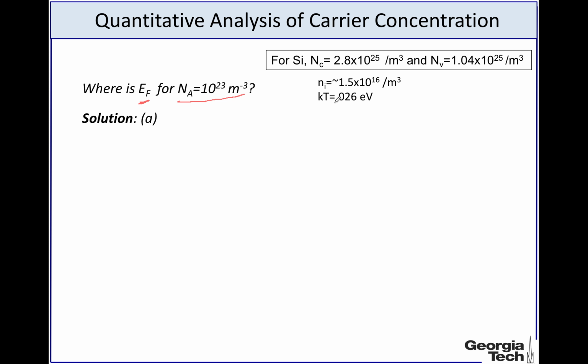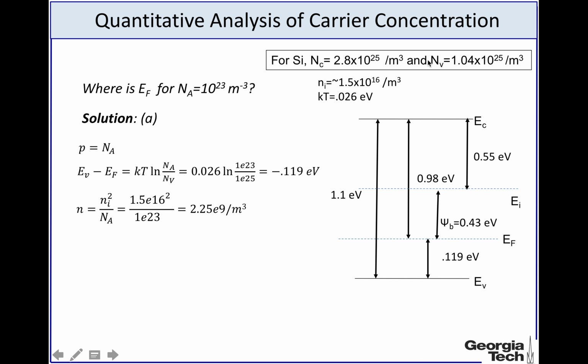And then you are given these parameters, the value of kT, the intrinsic carrier density Ni, Nc, and Nv. Alright, so I'm just showing a sample calculation, and you will be given a lot of problems based on this kind of calculation in the class.